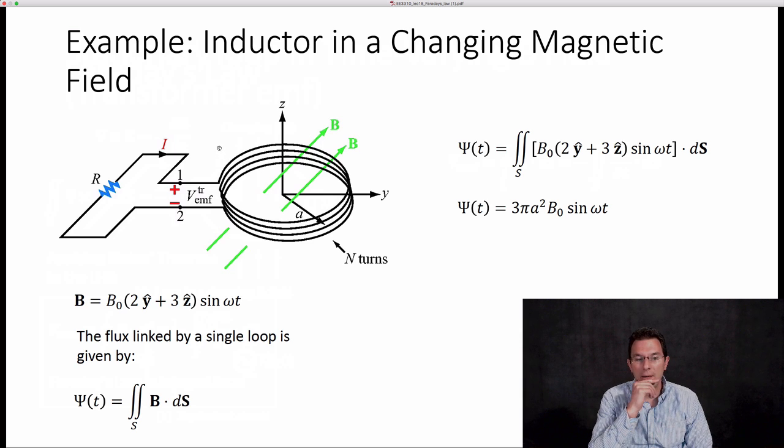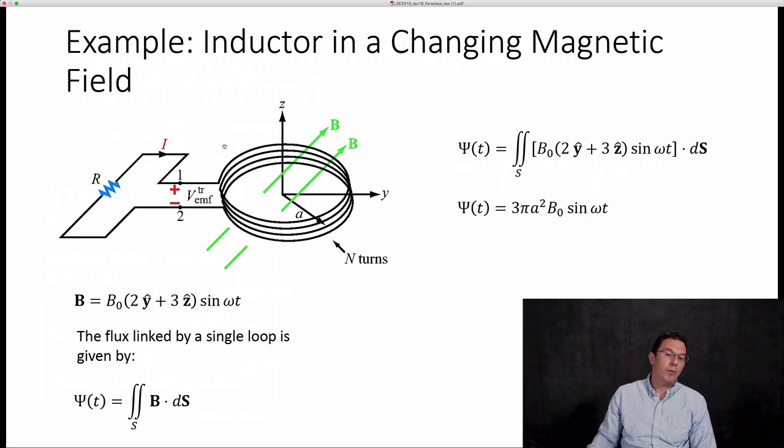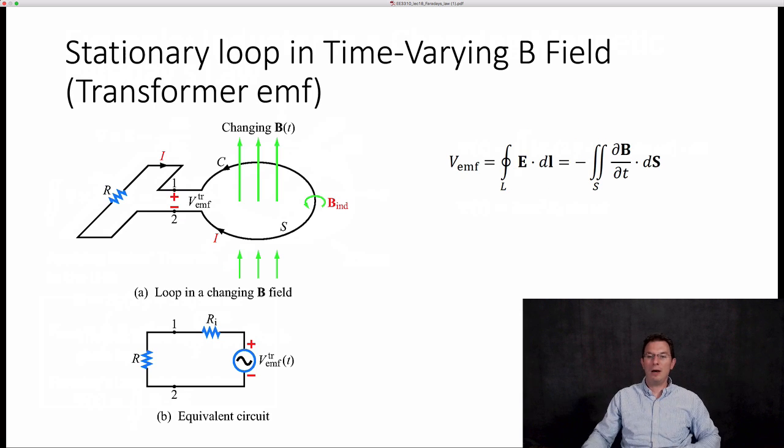Well, let's see if we can get an expression for the EMF that develops between the top and the bottom of the loop. We're assuming that each loop has a radius of a and that there are n loops.